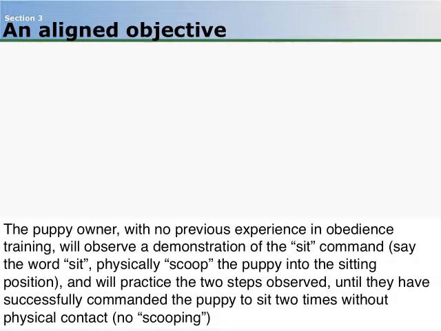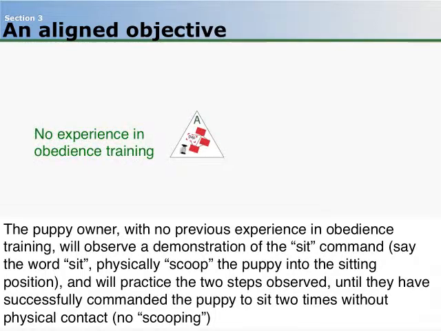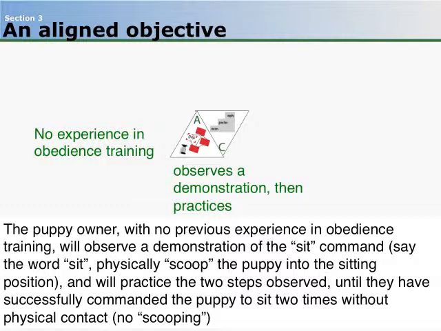So let's look at an aligned objective. Here, the puppy owner has no previous experience in obedience training, and that's the A. The strategy they're going to use is to observe a demonstration, and the demonstration will be something like: tell the puppy to sit, scoop the puppy in a sitting position if they don't sit, and then reward them.